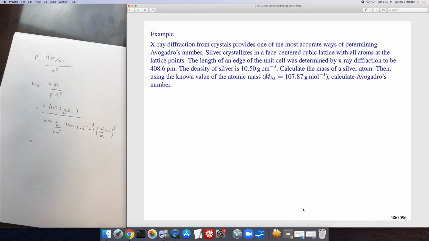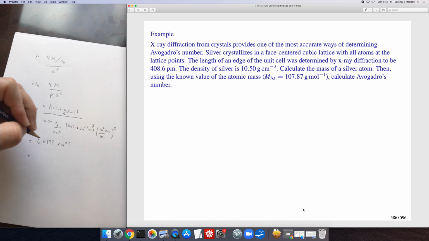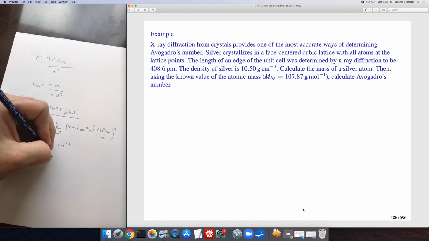So let's see what we get here for Avogadro's number. So I got 6.0199 times 10 to the 23, which I think you'll agree is pretty close.